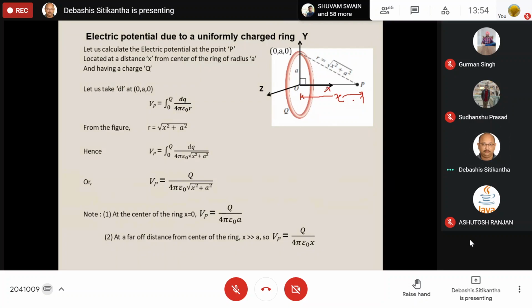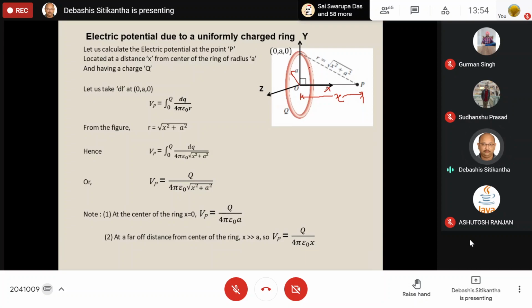Obviously, since it is a ring, it is going to have a radius, and that radius is equal to small a. Now, this entire ring is carrying a charge of Q.